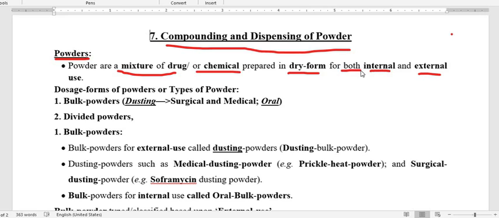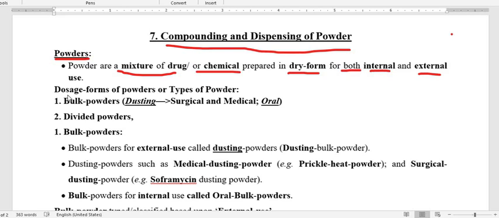Even if you forget the definition, you only have to recall how the powder looks, how the powder seems. You will just remember these looking things, and then you can define the powders. Now we have to go through the types of powder, or the dosage forms of the powder.